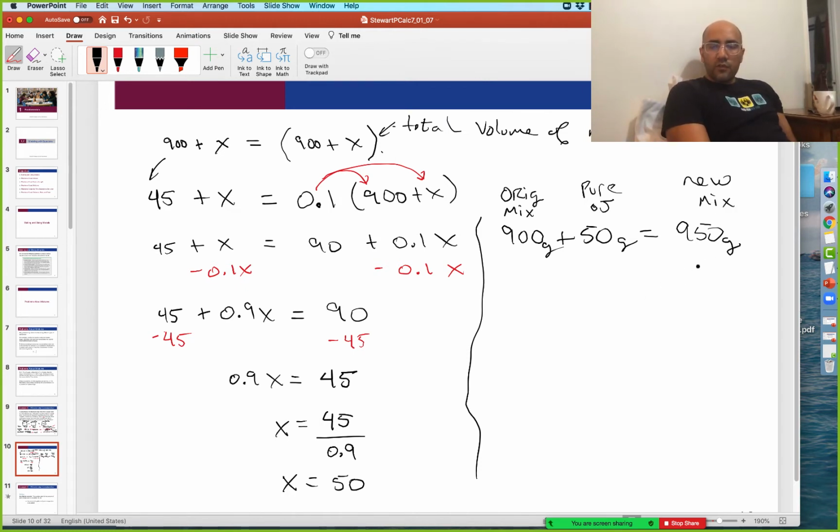Okay. If the new mixture really is 10% OJ, then here we could say that 0.1 times 950, that's 95 gallons of pure OJ in this new mixture.